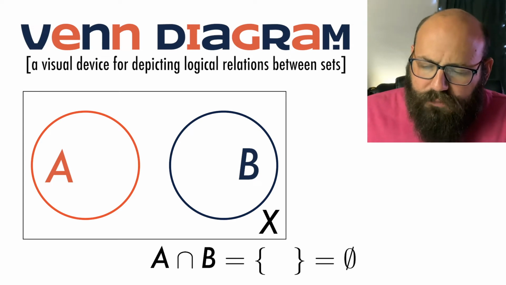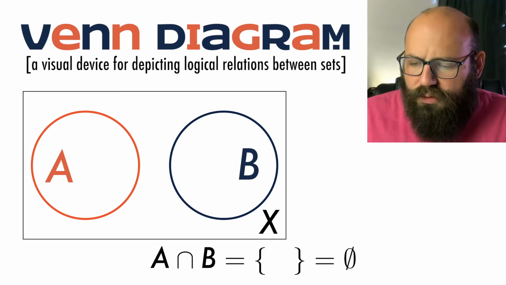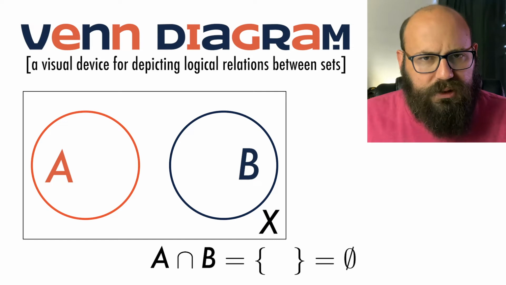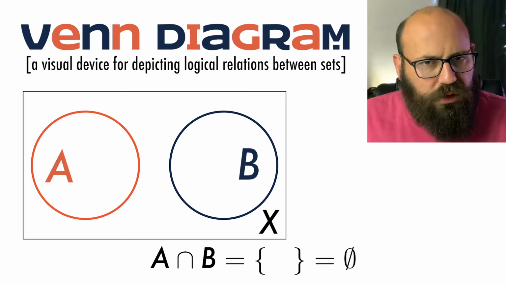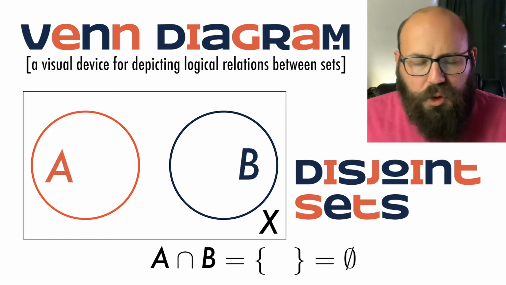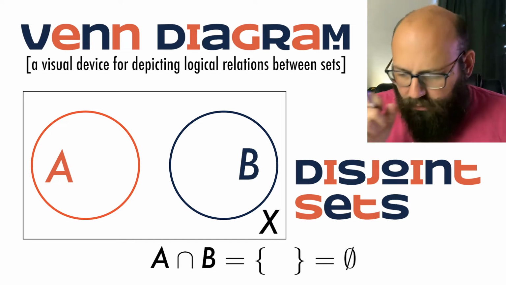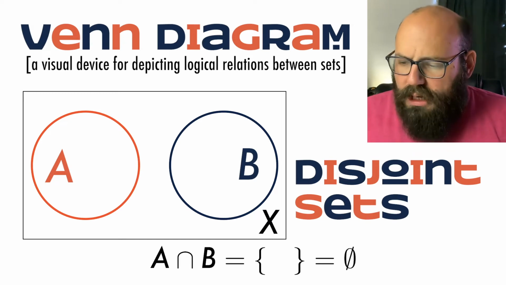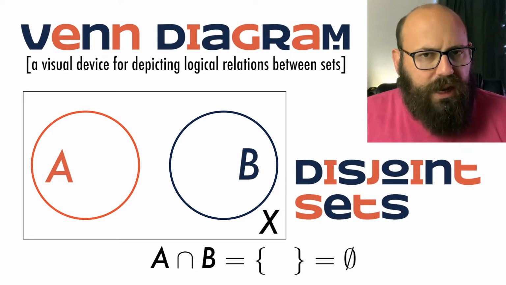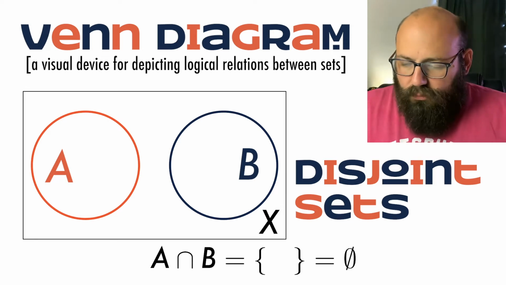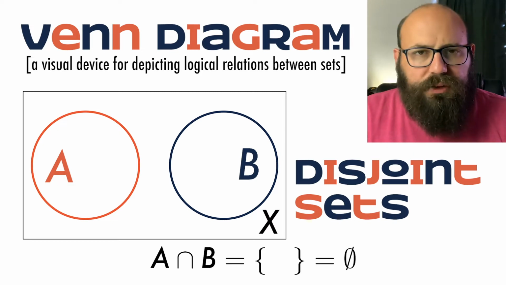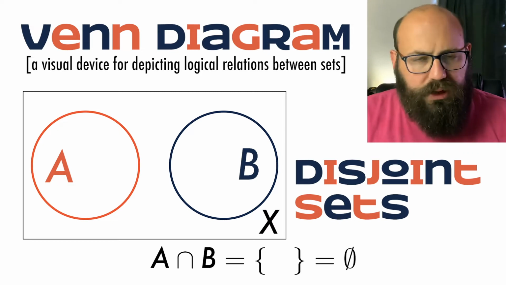Now, anytime we have two sets that have an empty intersection, A intersect B equals the empty set, we refer to these two things as disjoint or mutually exclusive, right? So if you're in A, then you know you're not in B. And if you're in B, then you know you're not in A.